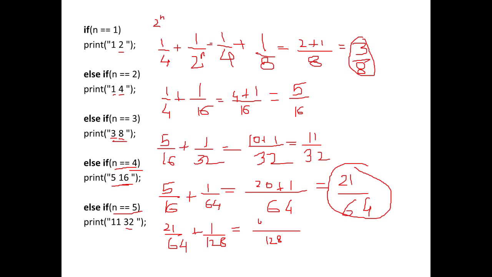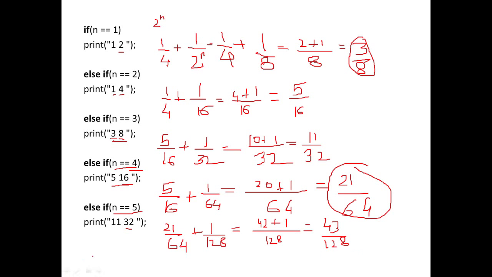This will be 42 plus 1, 43 upon 128, and we will find all the rest of the values using this. And we need not apply any formula for calculating this.